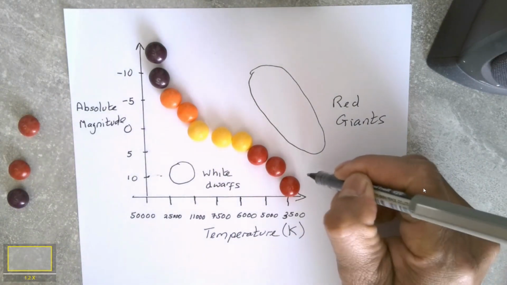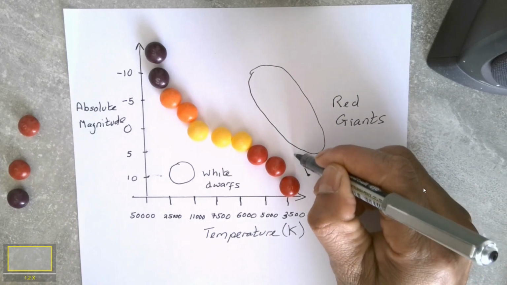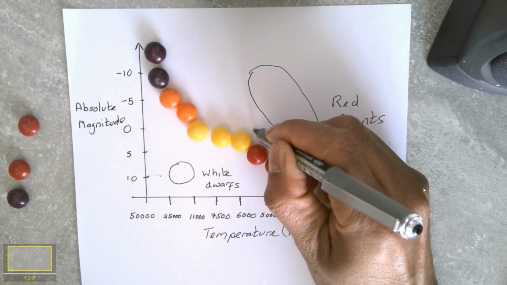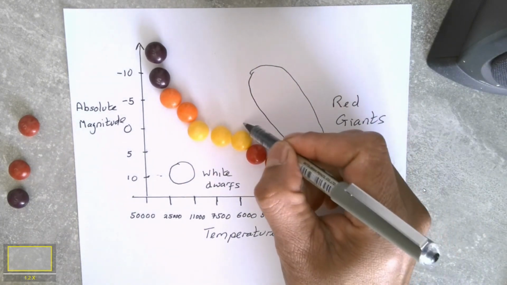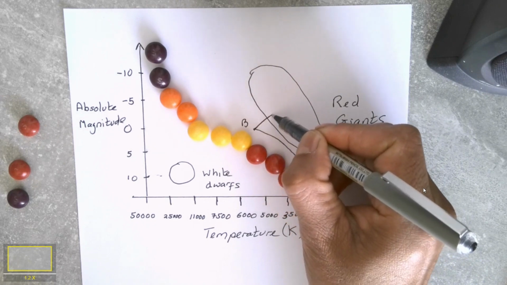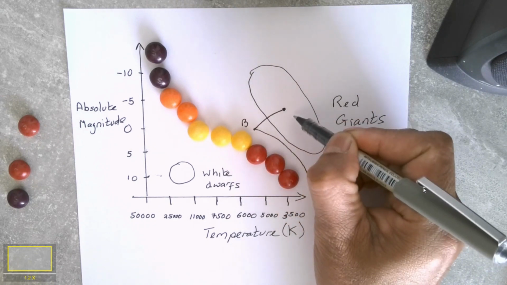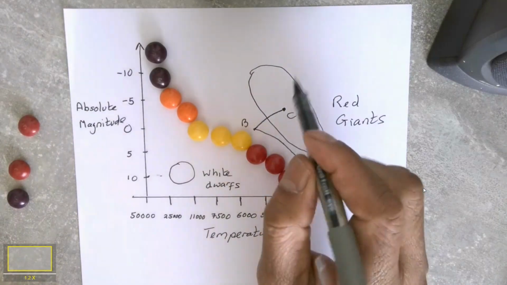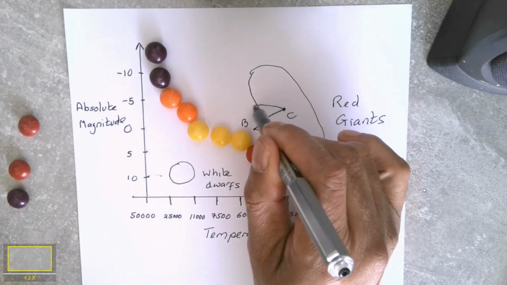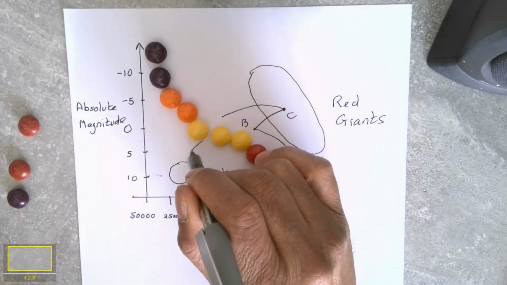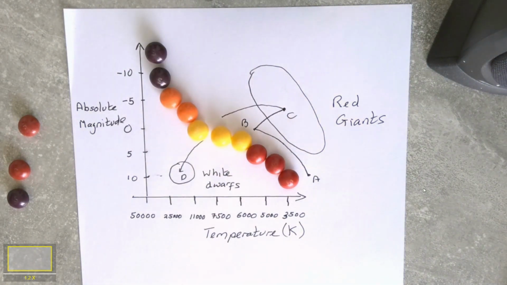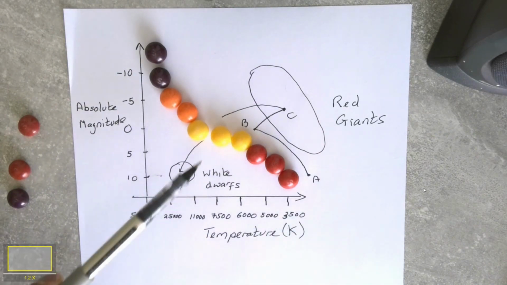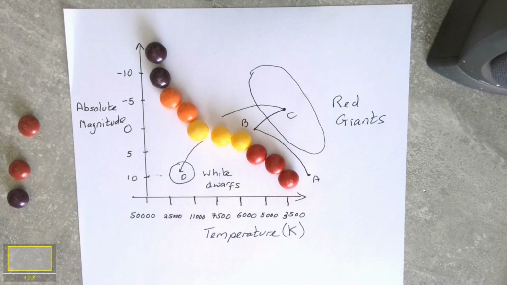If we say that it starts over here in a nebulae, then it goes there, so we'll call that point A, and then it forms our sun, which is point B, and then it goes into its red giant phase, which is point C, and then it will form a black dwarf, which is point D. So this is showing how our sun would move through the Hertzsprung-Russell diagram.